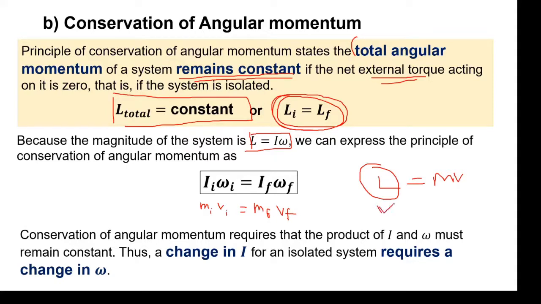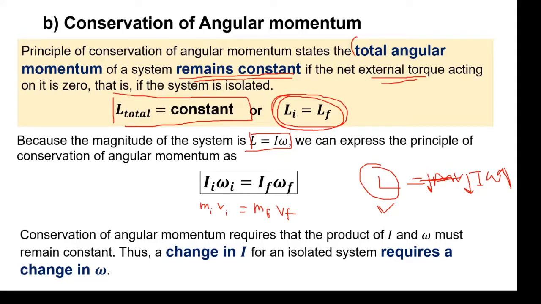So if the mass, for example, were to... sorry, it's not L equals mv. Sorry, that's my fault. It's L equals I omega. So if you want L to remain constant, if the value of the moment of inertia were to decrease, the angular velocity must increase so that L remains constant.